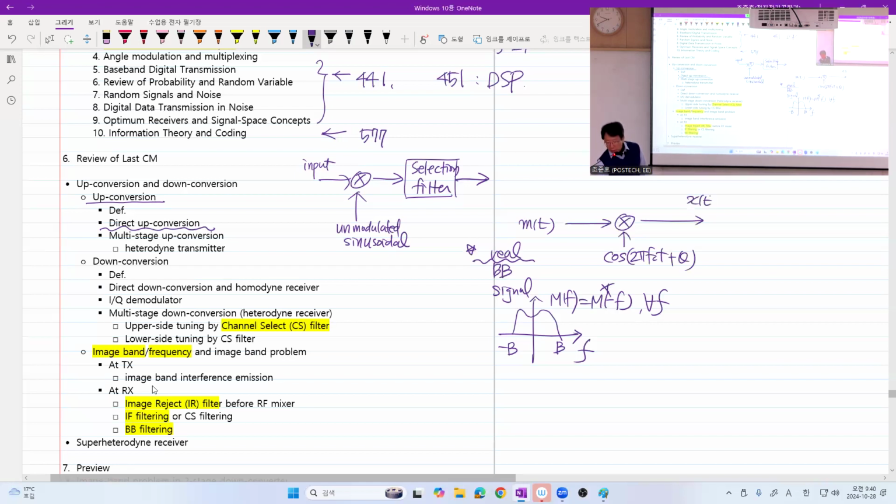In the frequency domain, as you well know, this multiplication, for simplicity, let me drop the phase for a while. Then you have what? You have frequency shifted versions of the message signal.